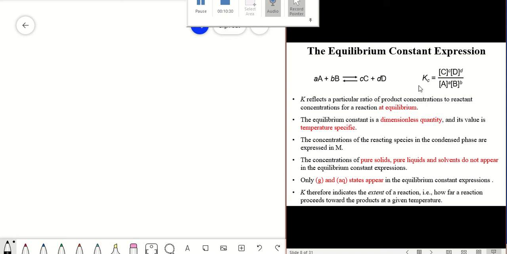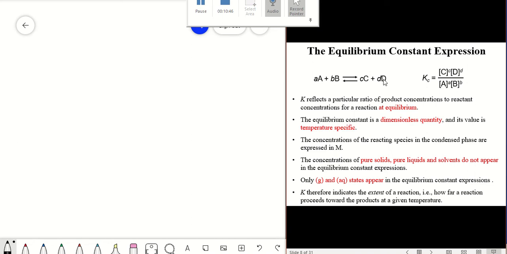We can write down the equilibrium constant as products raised to the power of their stoichiometric coefficients over the concentration of reactants raised to the power of their stoichiometric coefficients, right?